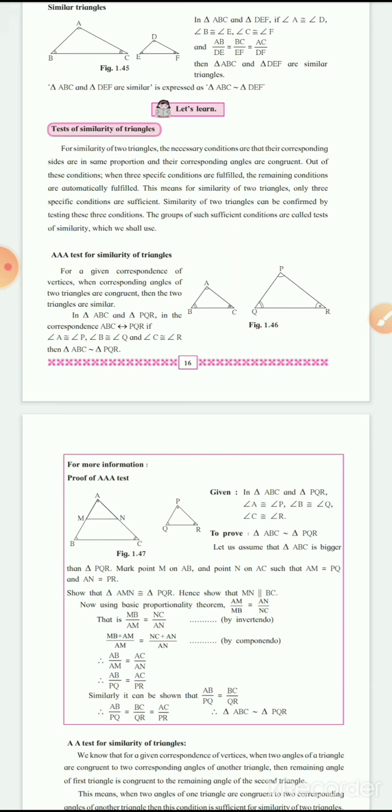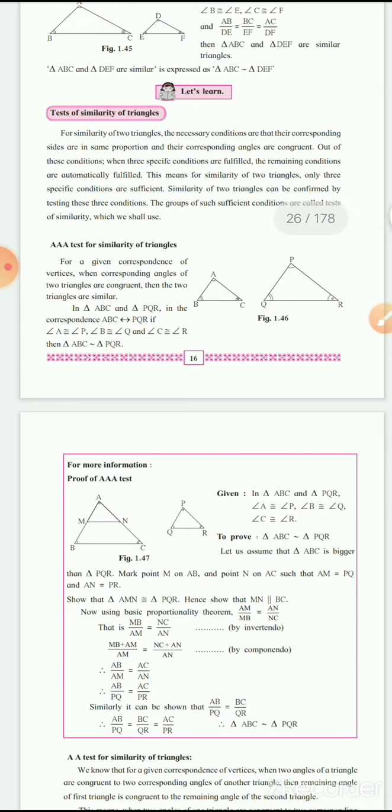There are two triangles, triangle ABC and triangle PQR. In triangle ABC and triangle PQR, in the correspondence ABC to PQR, if angle A is congruent to angle P, angle B is congruent to angle Q, and angle C is congruent to angle R, then triangle ABC is similar to triangle PQR.